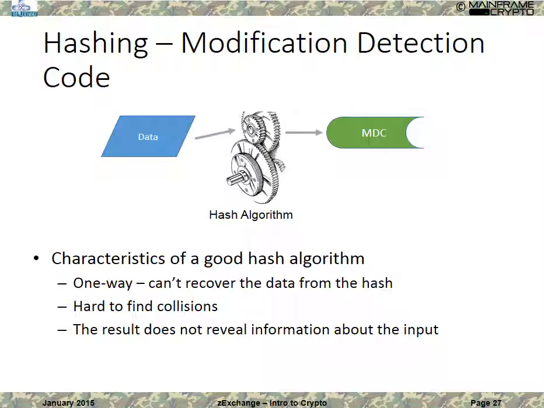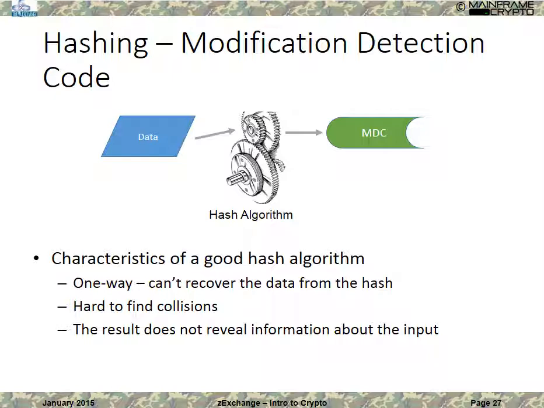Now, the way a hash works, or the way a modification detection code works, is I'll take my message or my input data, I'll run it through the hash algorithm and generate that hash that represents the message. I'll then send you the message along with the modification detection code, the hash value.